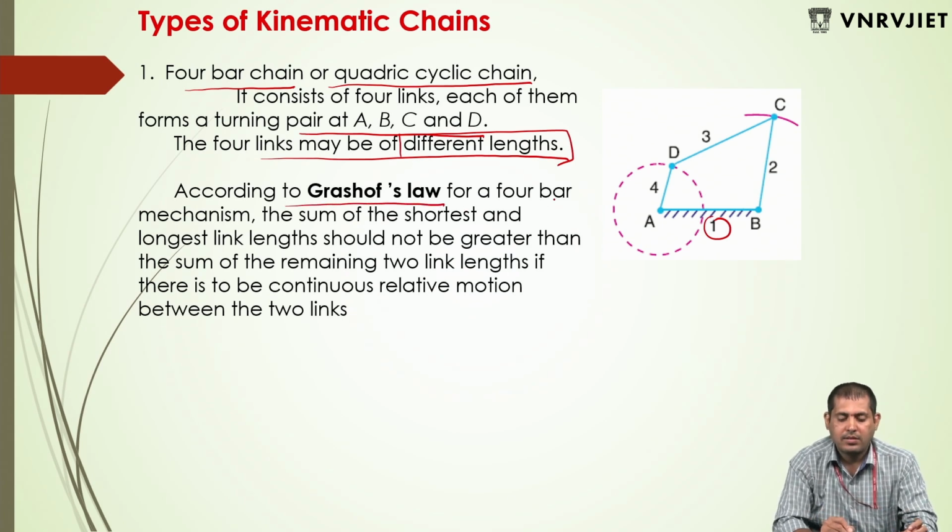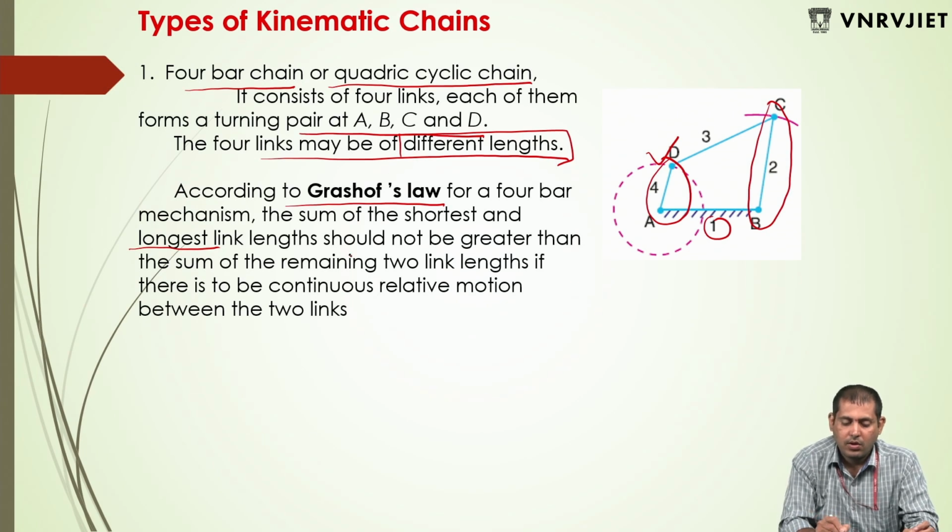for a 4-bar mechanism, the sum of the shortest link and the longest link should not be greater than the sum of the remaining links. So link 4 and link 2 should not be greater than link 3 and link 1, the remaining two link lengths.